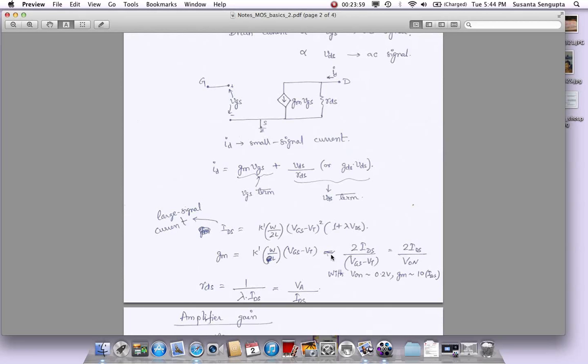This could also be rearranged or written approximately as 2 times IDS, the same current. Okay, this whole equation, 2 times of this divided by VGS minus VT. And this is a very simple equation we use all the time, which is 2 times IDS by V on, or VGST, or VGS minus VT. So GM is 2 times the bias current divided by V on.